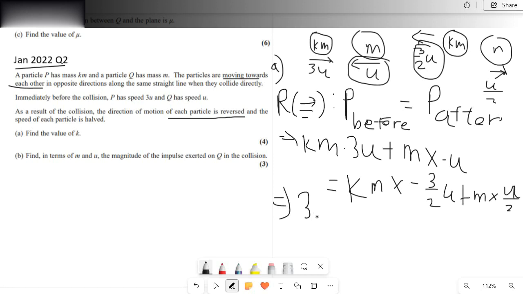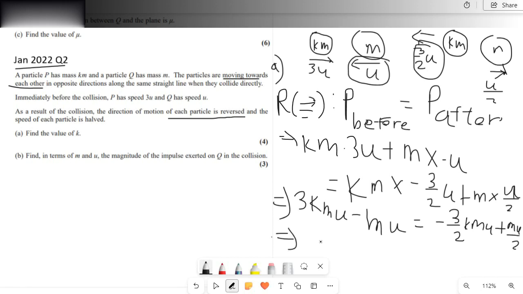So we have 3kmu minus mu is equal to minus 3 by 2 kmu plus mu by 2. We can multiply both sides by 2 to get rid of the fractions and get 6kmu minus 2mu is equal to minus 3kmu plus mu.